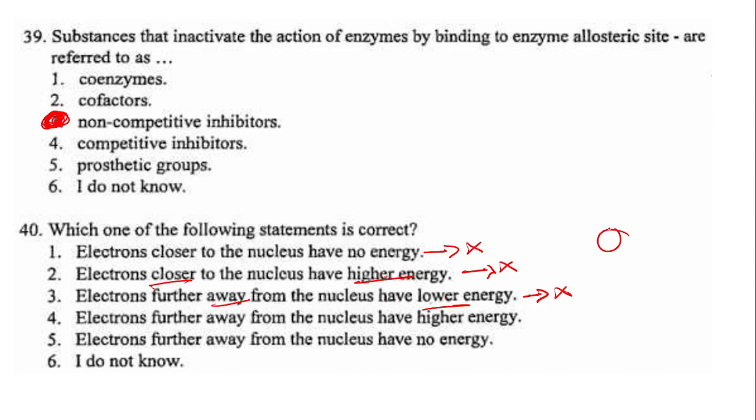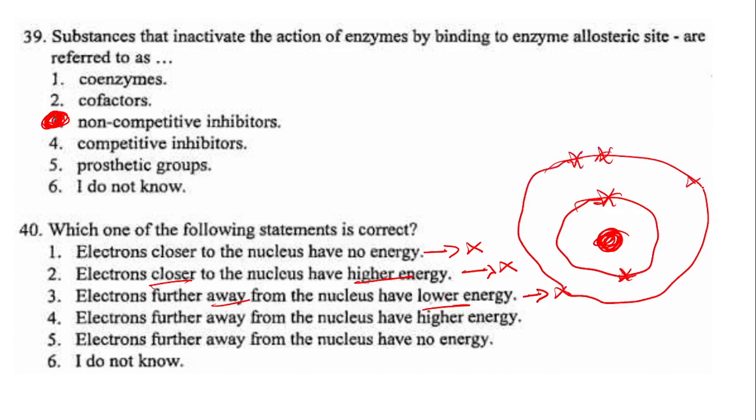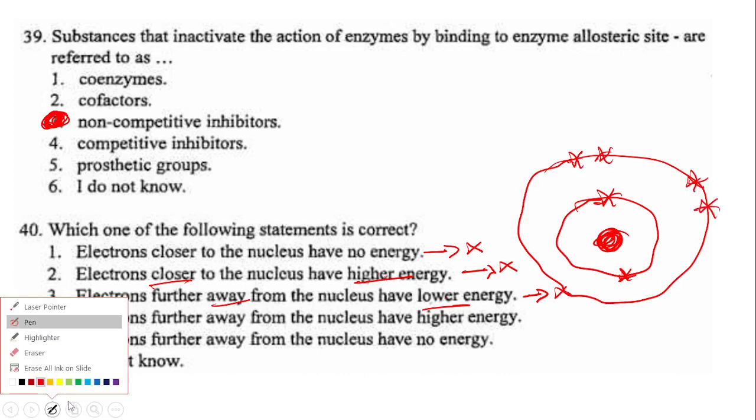Because you have the nucleus there, you have the electrons in the first shell, and you also have the electrons in the last shell. One thing you need to understand is these electrons have different energy.